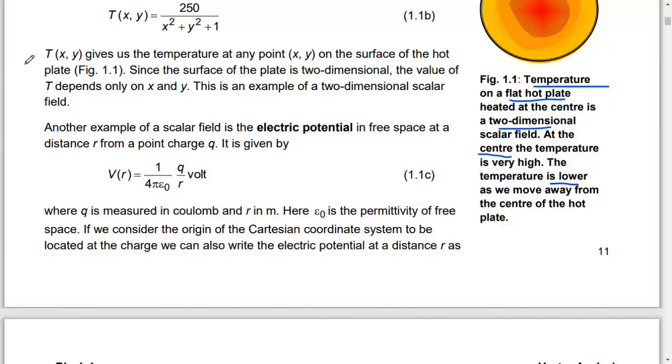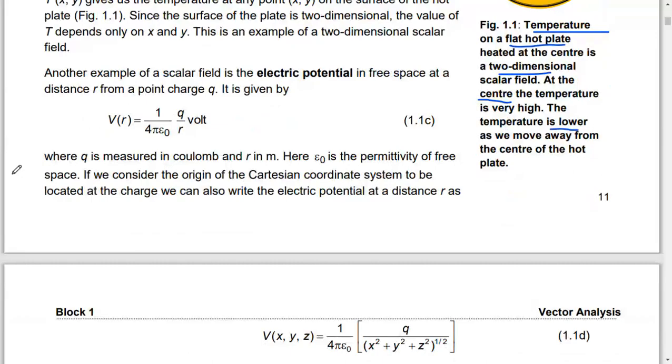Another example of a scalar field is the electric potential in free space at a distance r from a point charge q. It is given by V(r) = (1 / 4 pi epsilon 0)(q / r) volt, where q is measured in coulomb and r in metres. Here epsilon 0 is the permittivity of free space.